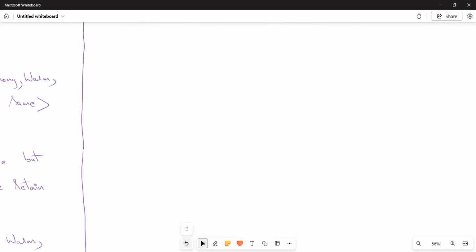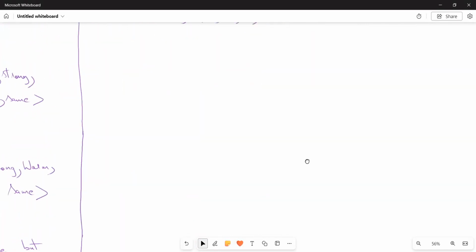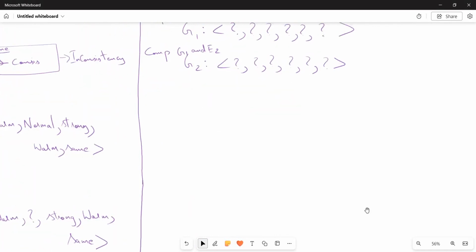Now we are coming to your generic hypothesis. We are going to compare your G2 and E3. What happens here is this hypothesis matches, that is, it is positive, but there is an inconsistency because the outcome is negative.